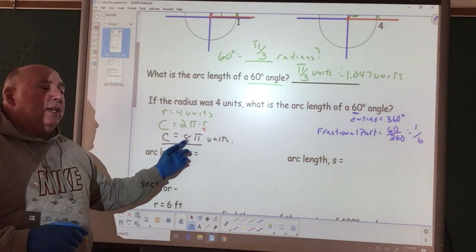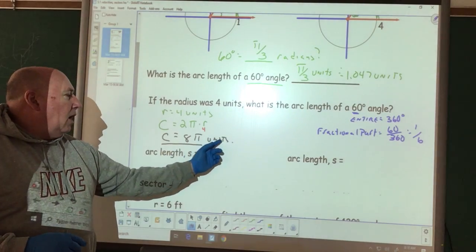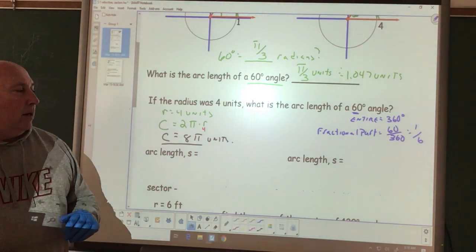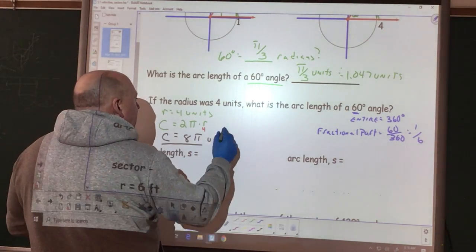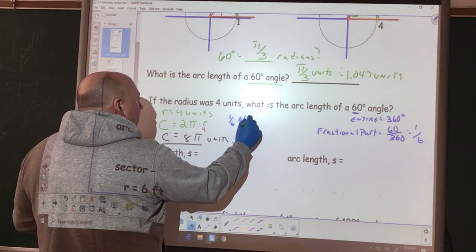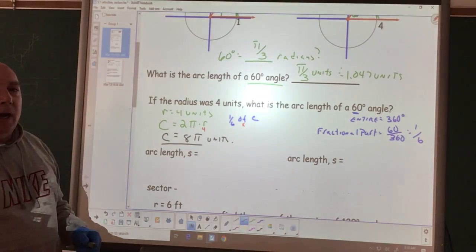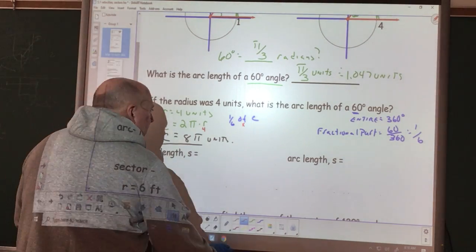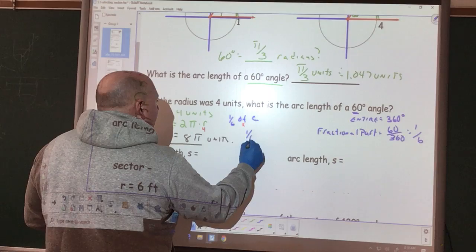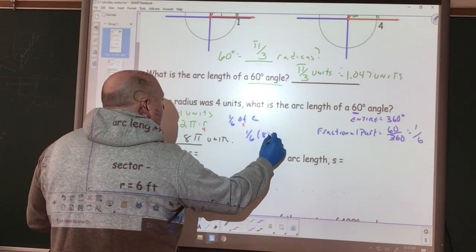So what we want is 1/6 of 8 pi. When I have 1/6 of the circumference, of means to multiply. So we have 1/6 times 8 pi.